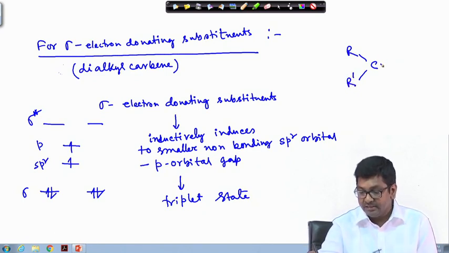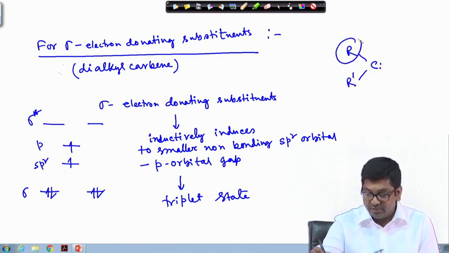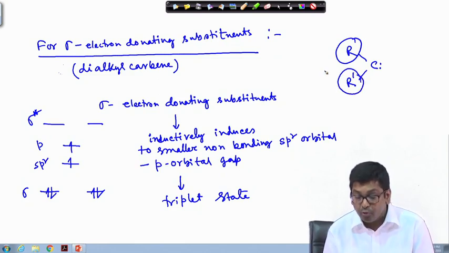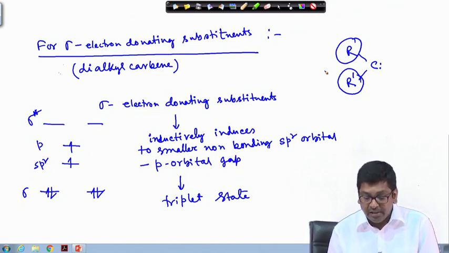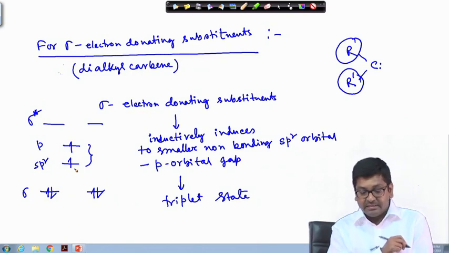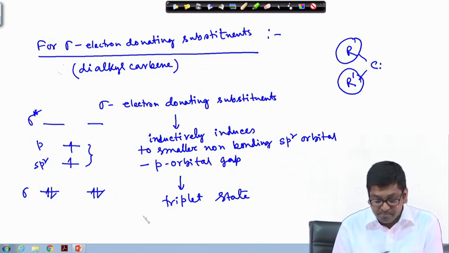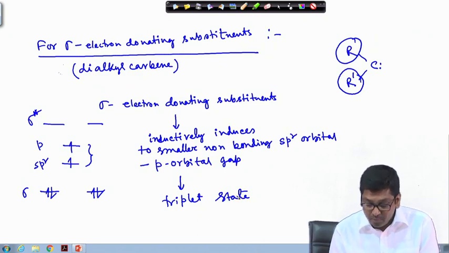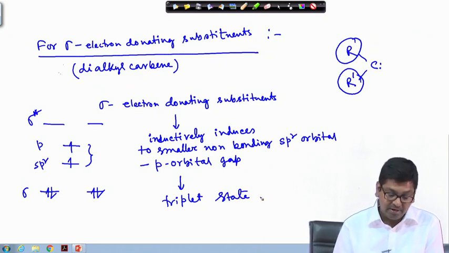That means, due to the presence of sigma electron donating substituents in the carbene, let us say like this, if these two are sigma electron donating substituents, as per example alkyl groups, they will inductively decrease the gap between the non-bonding sp2 orbital and p orbital.